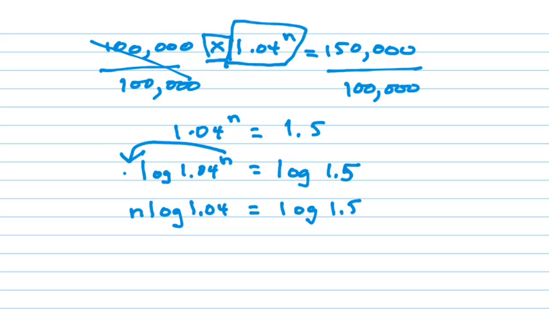And we're trying to get the n by itself. How is that n connected to the rest of that stuff? If they're just side by side like that, that means what operation? It means times, multiplication. And the opposite of multiply is divide. So we'll simply divide away the stuff we don't want, which is the logarithm of 1.04.